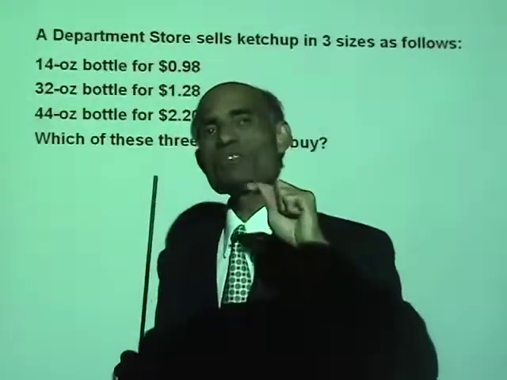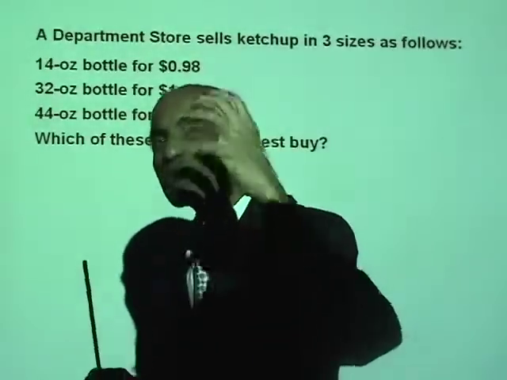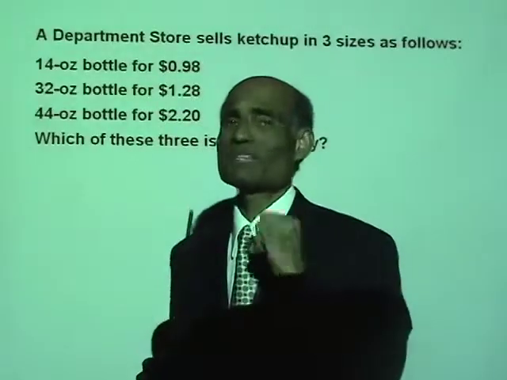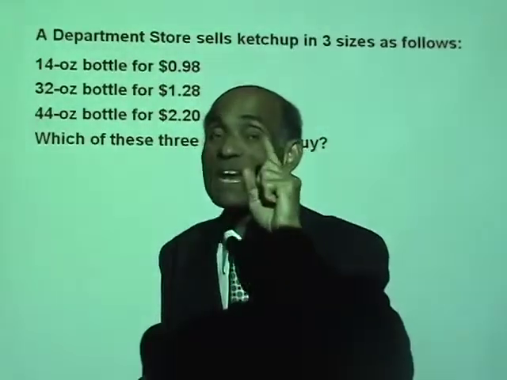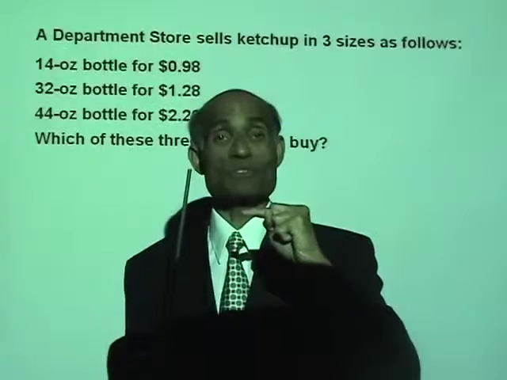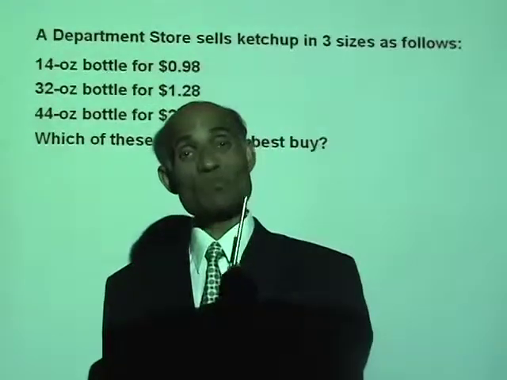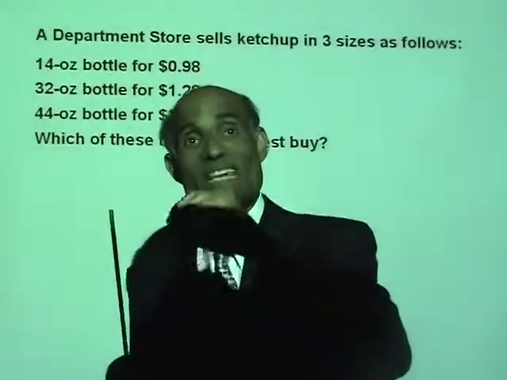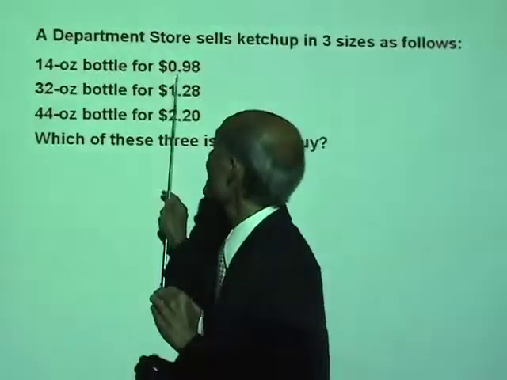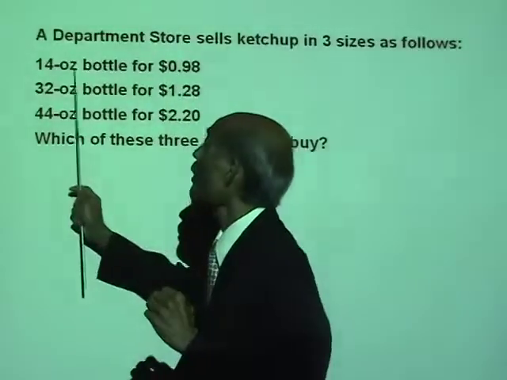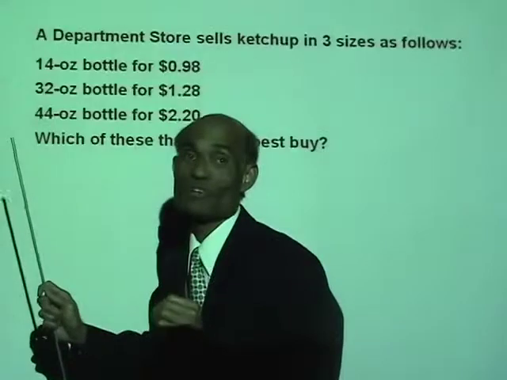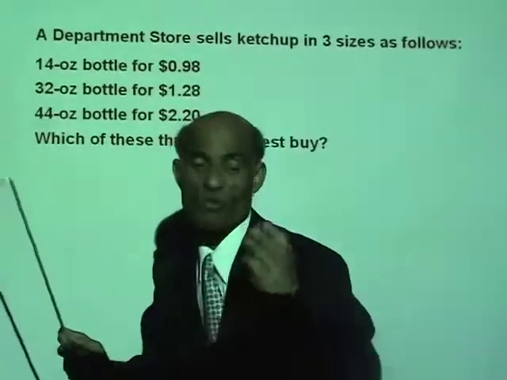Now, suppose I ask you, can you give me a ratio for ounces to cents? Or now, give me the ratio of cents to ounce. What does that mean? How many cents for 1 ounce? Is it possible to write a ratio of cents to ounce? 98 cents for 14 ounce.